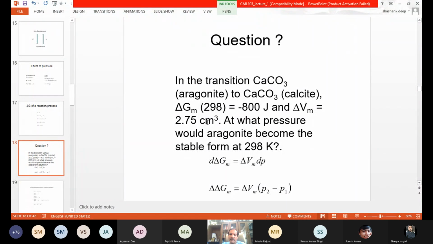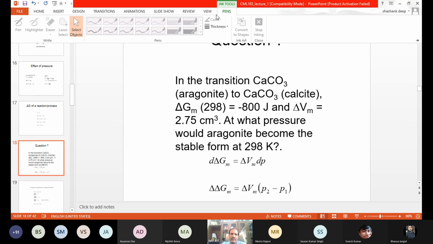We know delta V is positive, and if we apply this equation, we understand how to make this positive. If I increase the pressure, I expect delta G to increase. So you need to increase the pressure if you want to make aragonite the more stable form. Is it clear? Any question here?